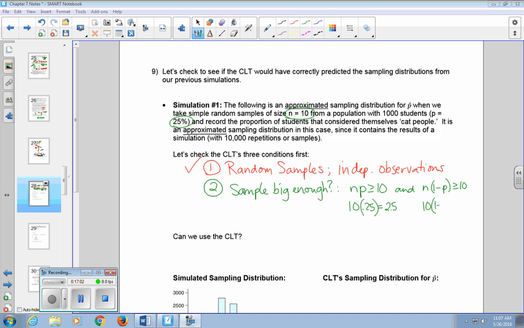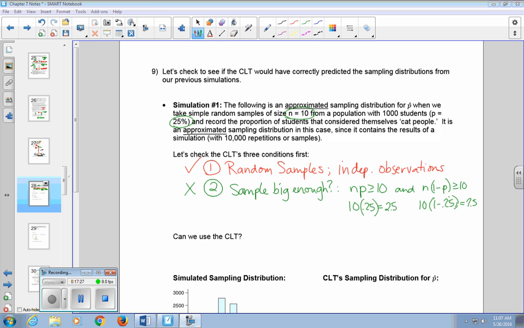And over here, I also don't get an answer above 10. You get 7.5. Oops, I can clean that up a little bit. Okay, so we're going to have to put an X here.